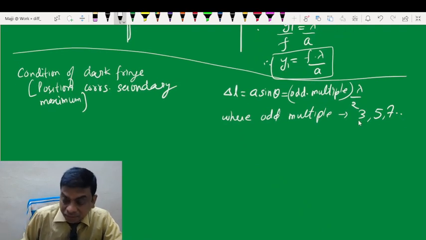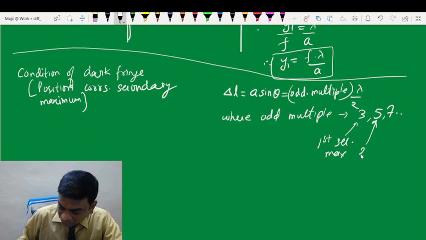So they will mark the positions corresponding to the first secondary maxima. Then this will correspond to the position of the second secondary maximum, and this will correspond to the position of the third secondary maximum, and so on.